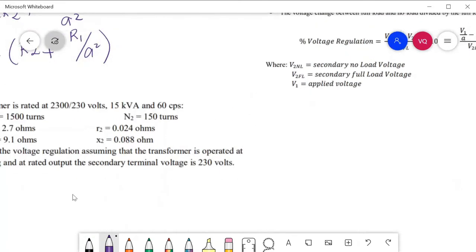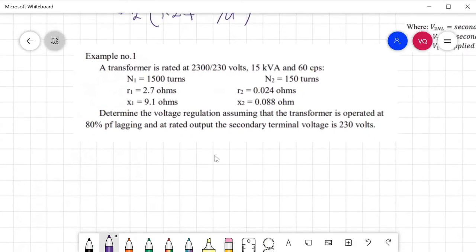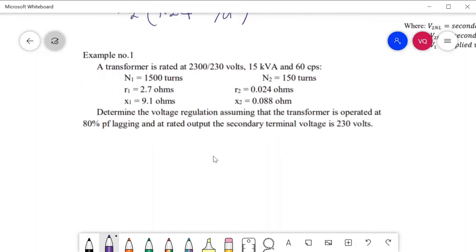So going back to our problem, we will list all the given parameters. So we have our A, transformation ratio, is equal to N1 all over N2. That is 1,500 divided by 150 turns. So that is 10.